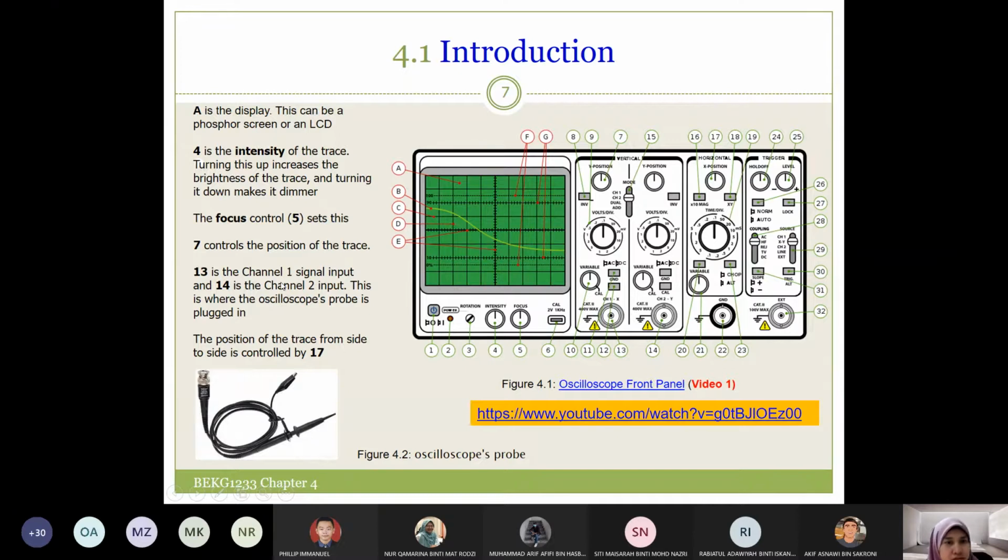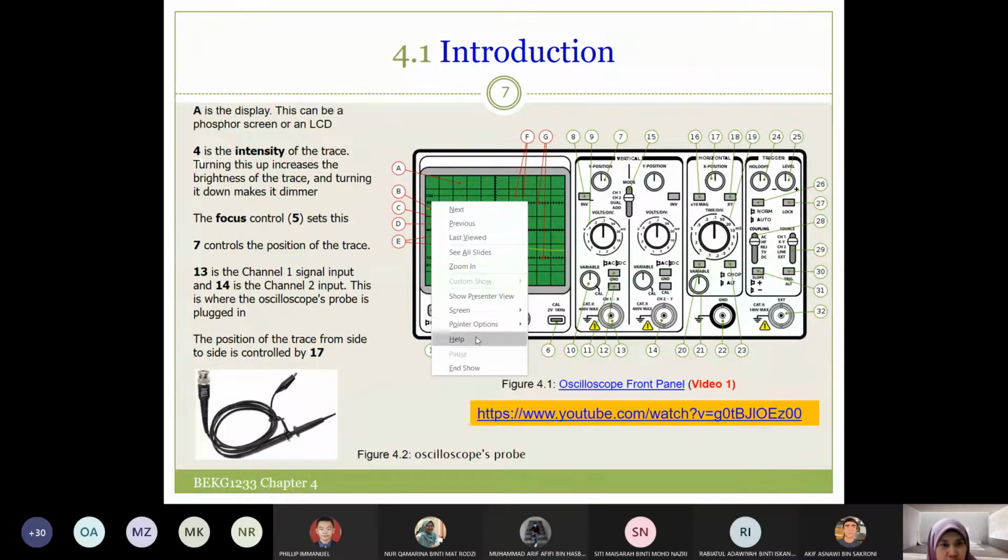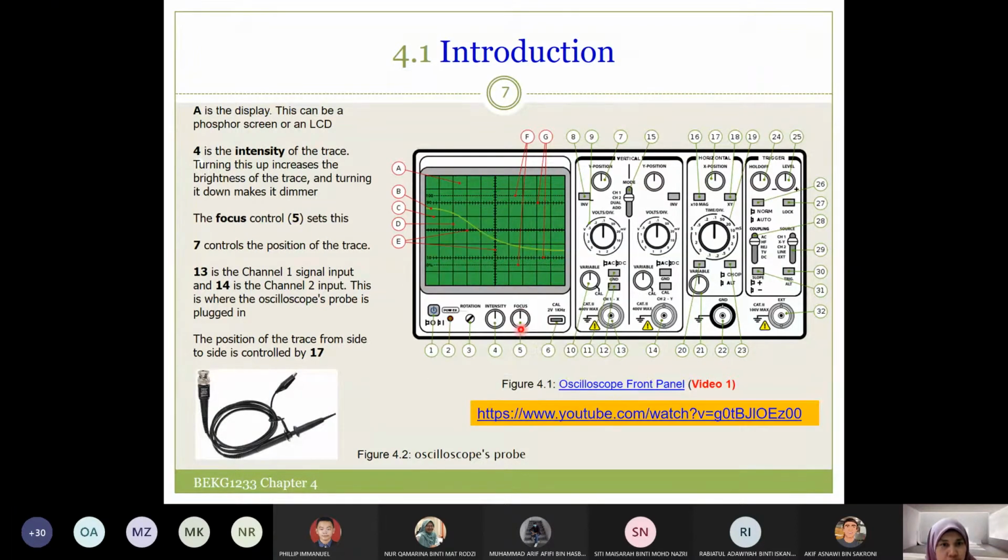13 is the channel 1 signal input, and 14 is the channel 2 input. So this is 13 and this is 14. Okay, 13 for channel 1 and 14 for channel 2. So if we want to display one signal or one waveform on the screen, we can use only one probe. This is the oscilloscope's probe. This end will be attached to this point.